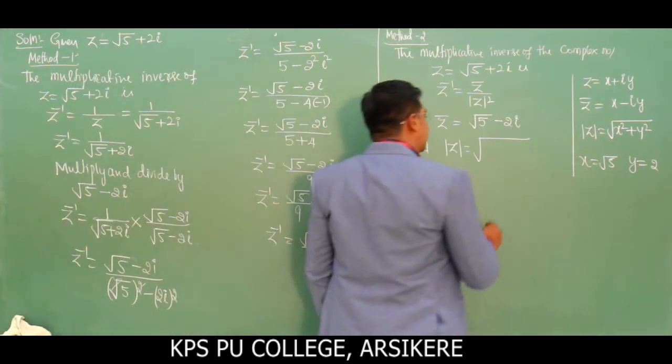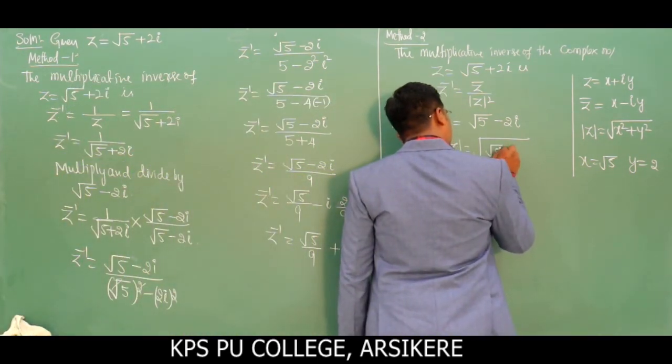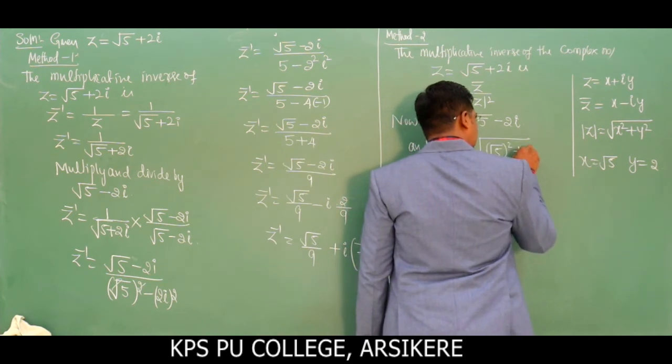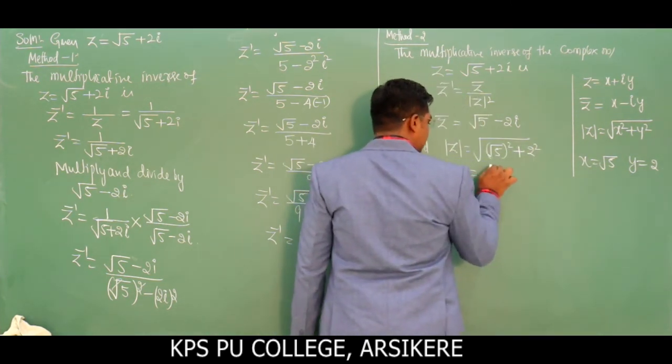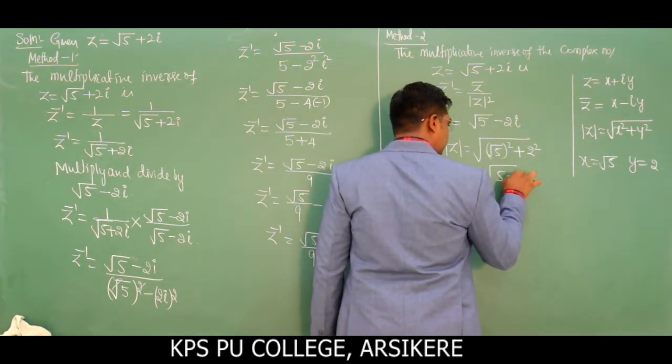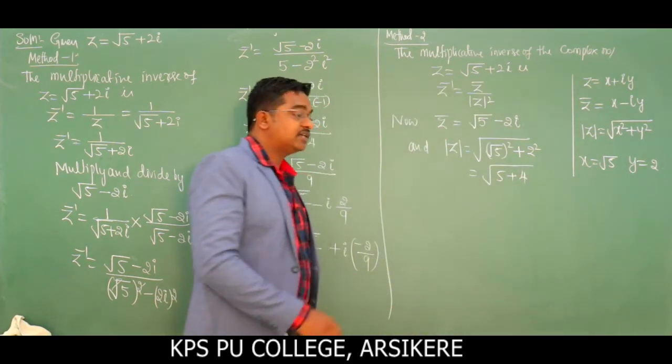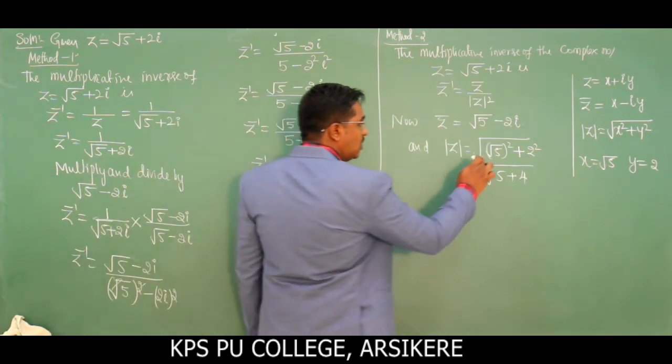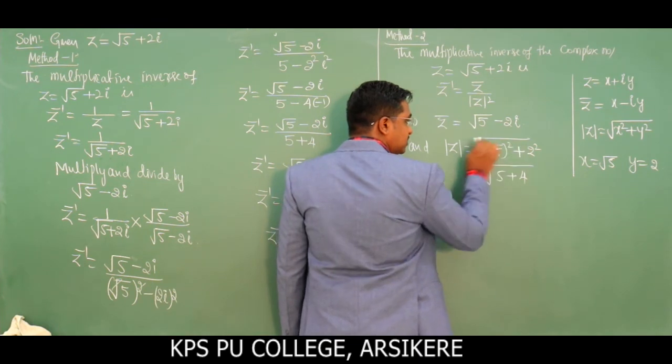Now mod of z is equal to root of root 5 whole square plus 2 square. This becomes 5 plus 4, because the square root and square cancel, leaving 5. So therefore root of 9. This is mod z, but we require mod of z whole square.